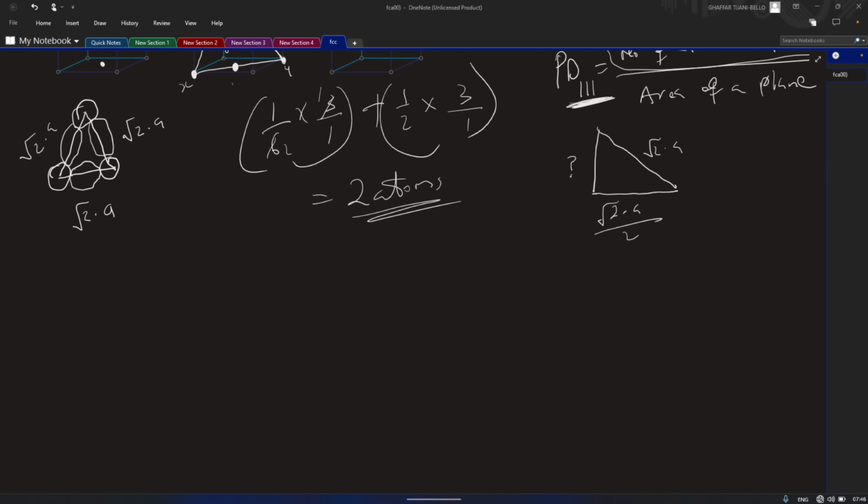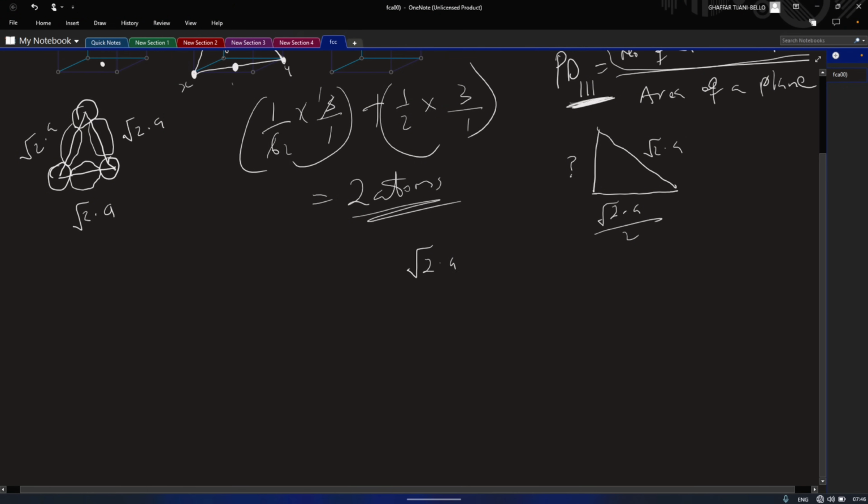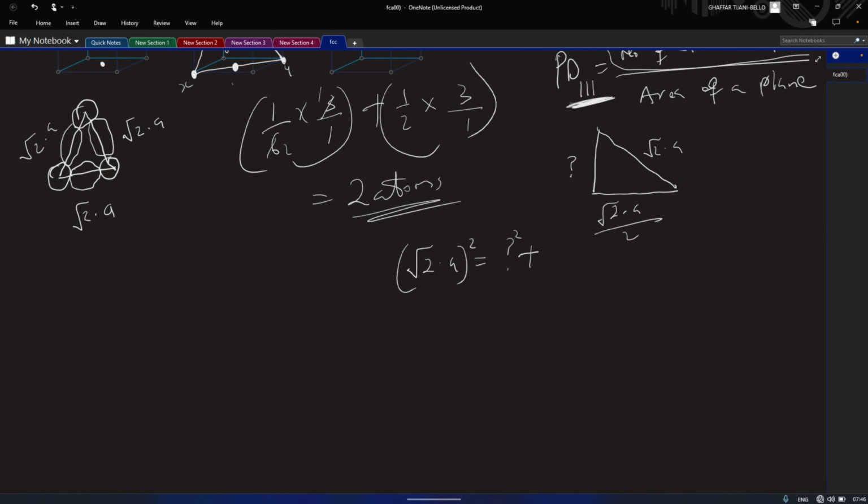Okay, so to look for our unknown side, we apply the Pythagoras theorem, which is root 2 times a squared is equal to unknown squared plus root 2 times a over 2 squared, right? So we go ahead by saying unknown squared is equal to root 2 times a squared minus root 2 over 2 times a raised to the power 2.